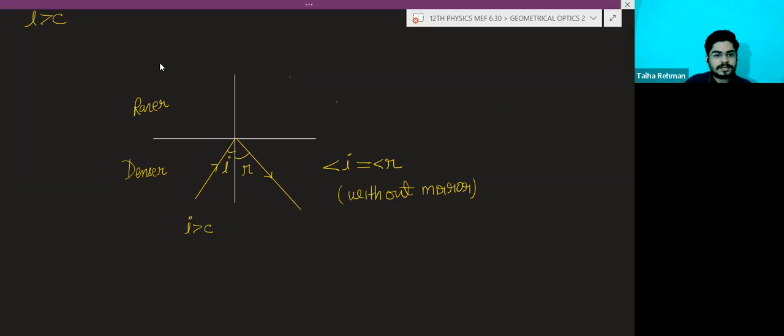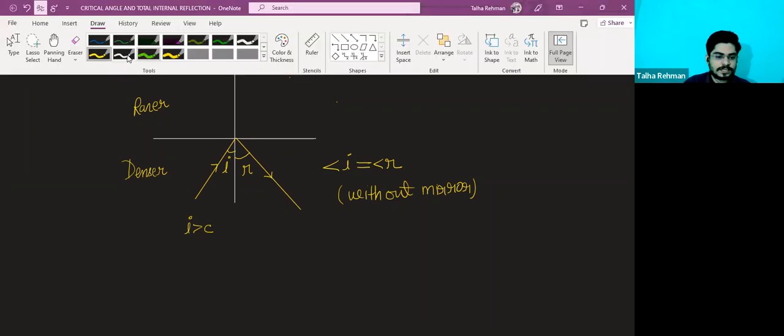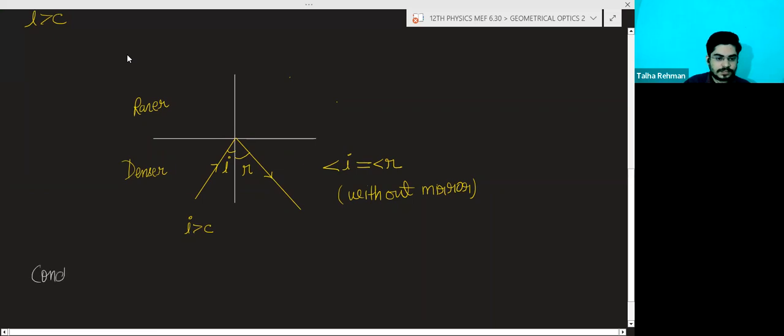So the examiner can ask you what are the conditions for the total internal reflection. Conditions for TIR. TIR means total internal reflection.